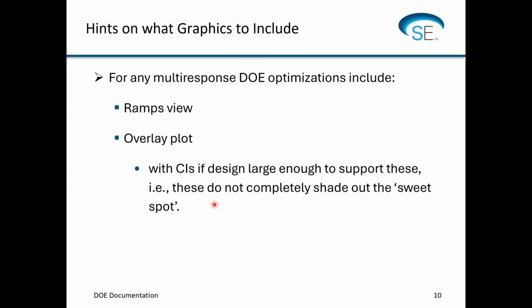Those are some good plots to include. The ramps view is going to show you the number one solution that you've identified, but often the table view, the report view, will show multiple solutions in descending order of desirability. Sometimes you might have a reason to seek out a solution that's not necessarily the number one solution.